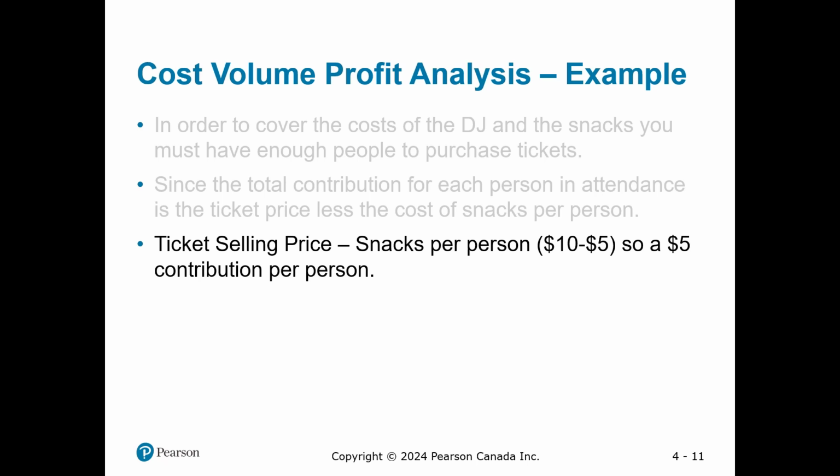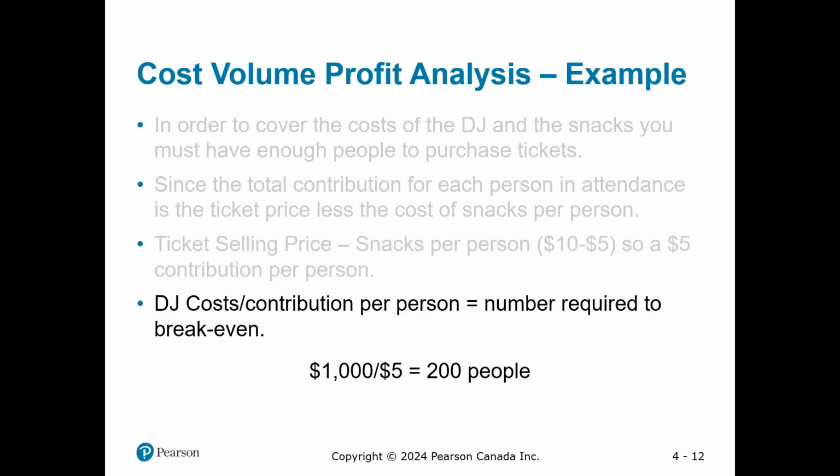So the ticket price per person is $10 and the snacks are $5, so the contribution margin per person is $5. To break even, meaning the profit is 0, you take the total fixed costs and divide it by the contribution margin per person. So that's 1,000 divided by $5. So you have to sell tickets to 200 people in order to break even.